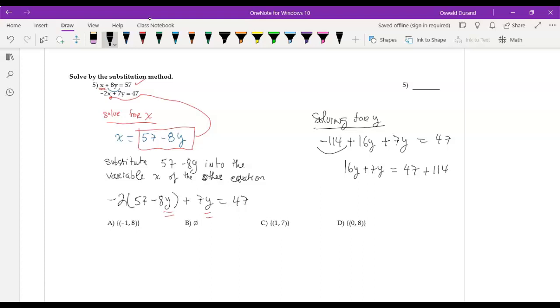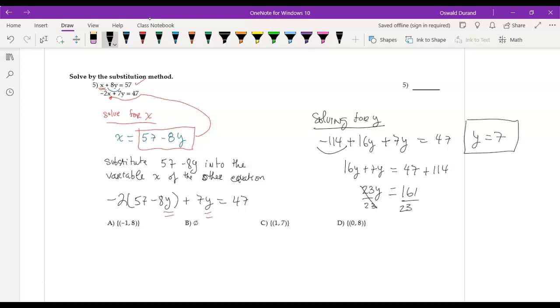Then we have 23y equal to 161. I divide by 23, and 161 divided by 23 is 7. So y is equal to 7.